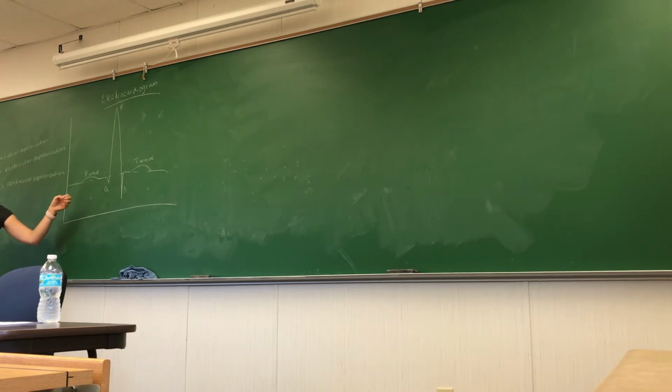So if this wasn't here, if there wasn't a ventricle depolarization, there'd be a little wave that would be the atrial repolarization. But this is too massive and it covers it up.